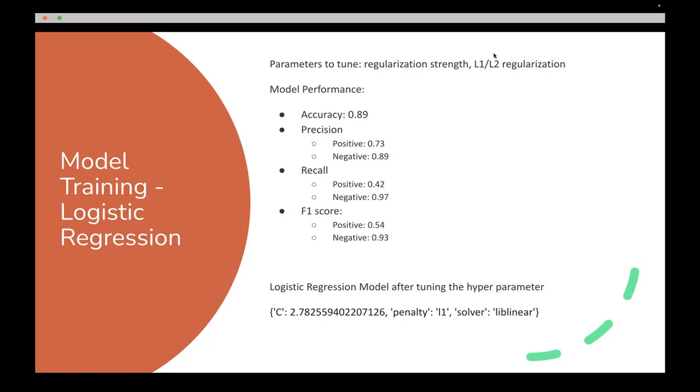For model performance, in terms of accuracy, the model achieved almost 90% accuracy. For precision, looking at both the positive and negative class, it looks okay. But looking at the recall for the positive class, that's pretty low, lower than 50%, which means the model failed to identify some of the positive ones.